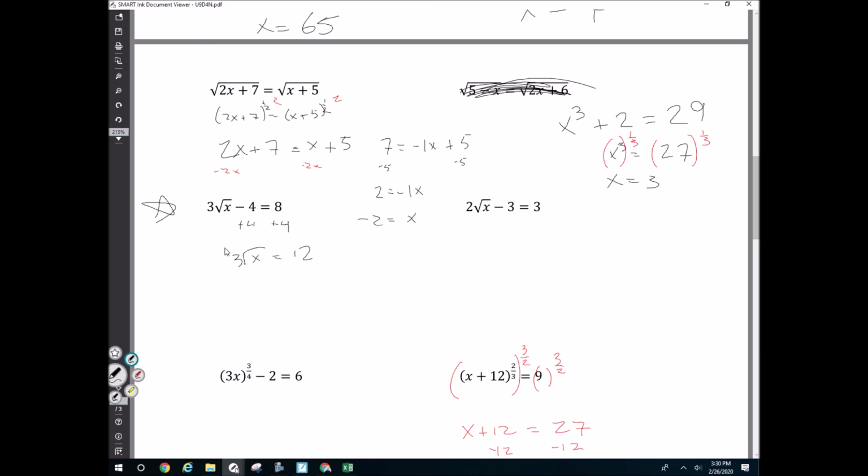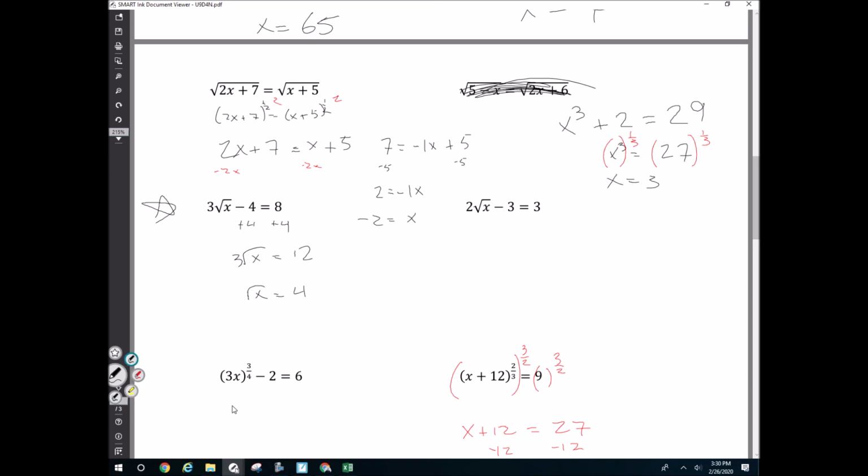Mr. Black, what should we do now? Divide by 3. Root x equals 4. Miss Brown, I have root x equals 4. What do I do next? How can I get x by itself?